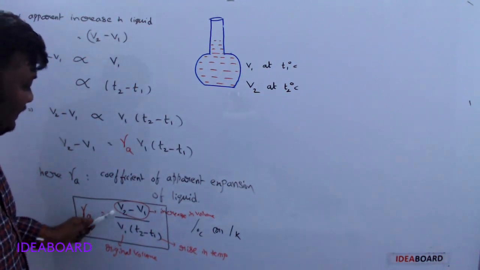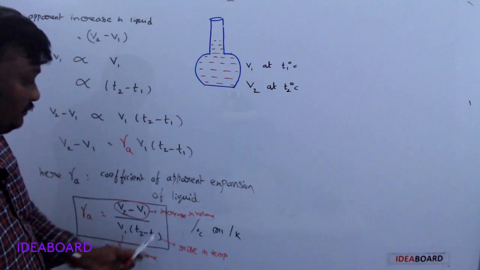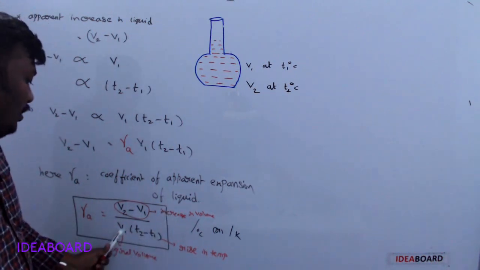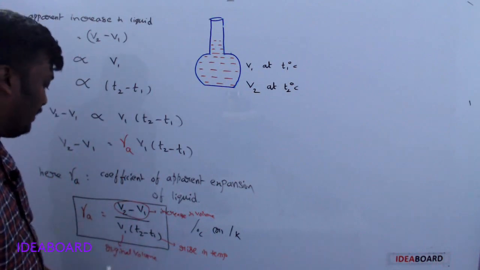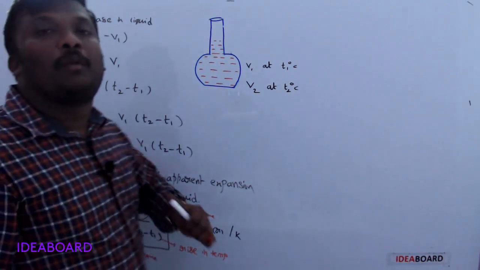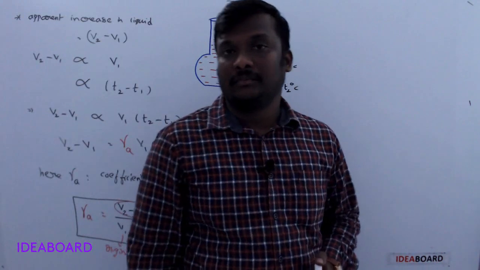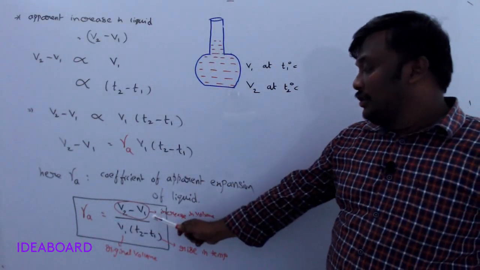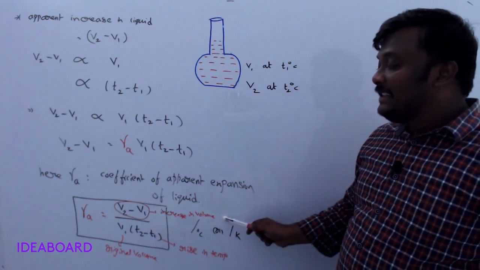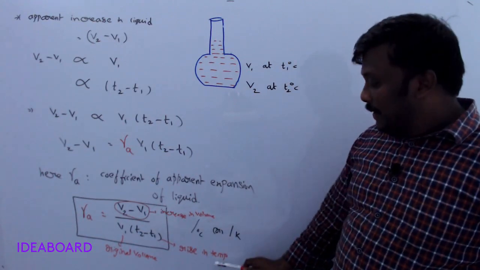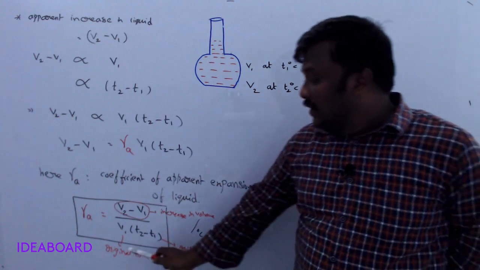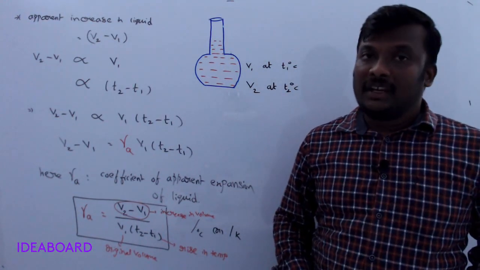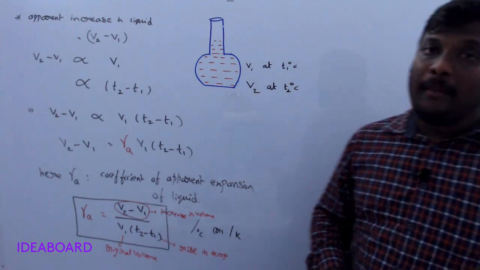Gamma A is defined as the ratio of apparent increase in volume of liquid per unit rise in temperature to its original volume of liquid. Understand? So this is about gamma A.